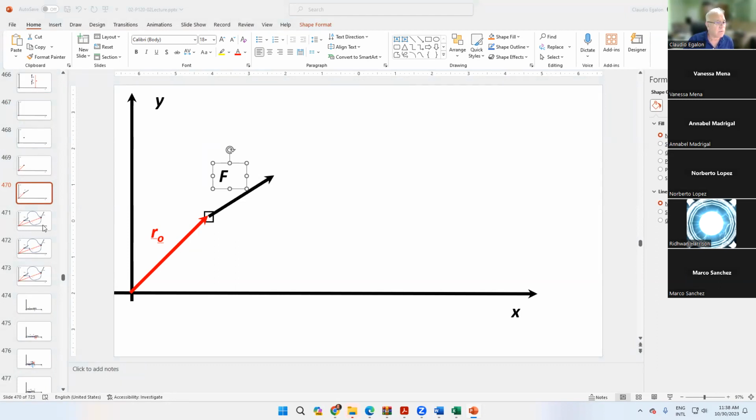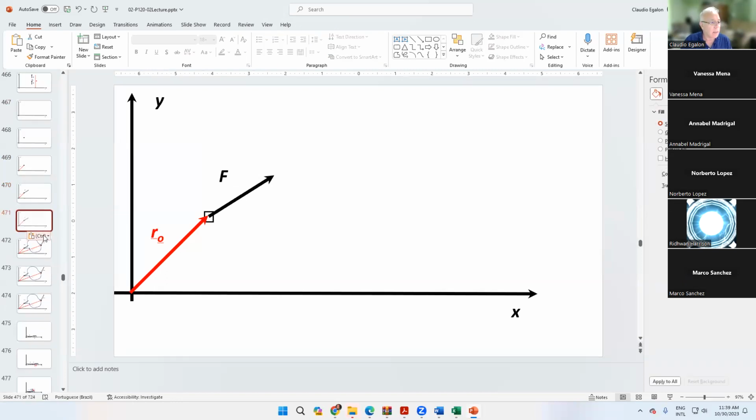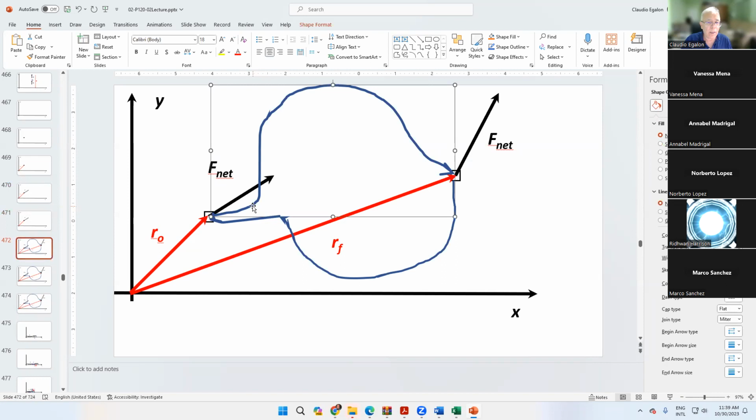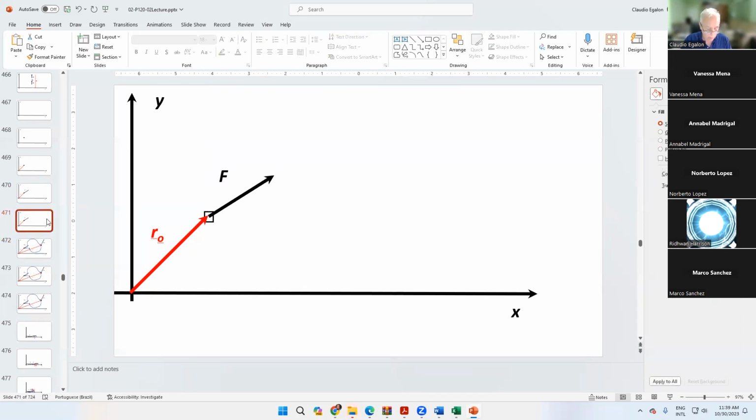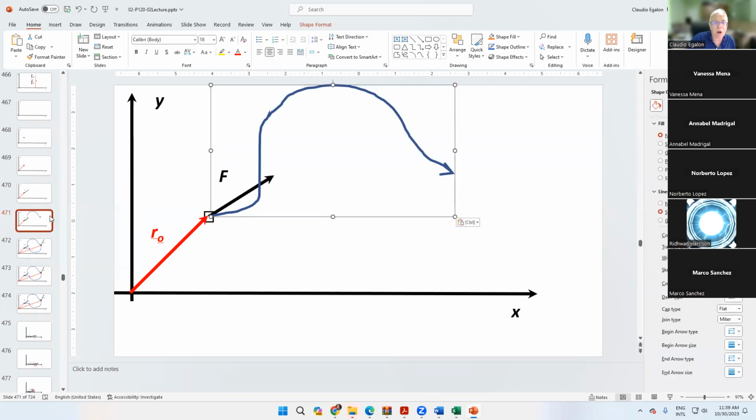And what else? This object is moving from one point to another point. That's the path of the object.